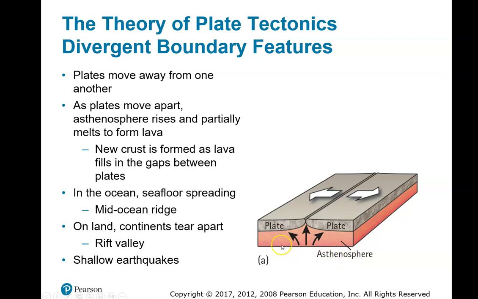When the plates move away from each other, this material can go between where the plates once were, and that magma will solidify. Just think about it at the bottom of the oceans, though it doesn't have to be, but that magma rises up to the surface.